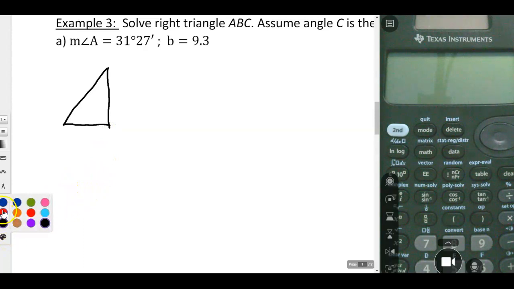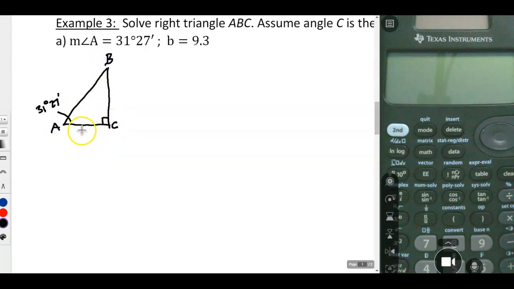You can mark what's given. So we have 31 degrees, 27 minutes. Of course, this is our 90 degrees, so don't worry about that. Let's call this A, which makes this B.